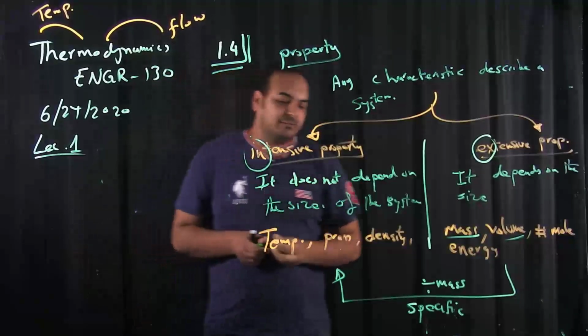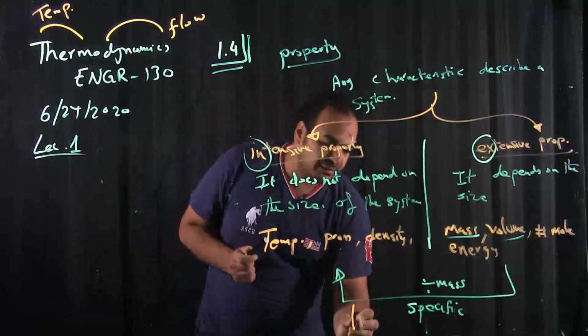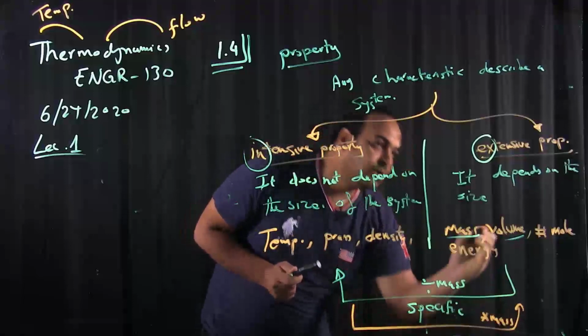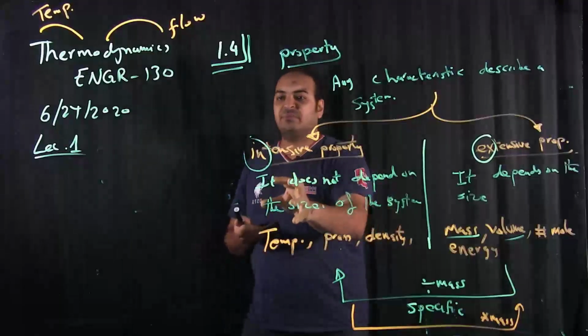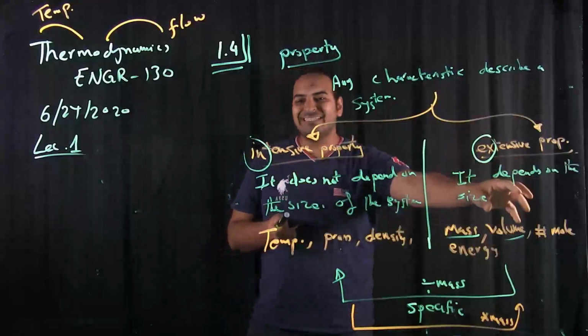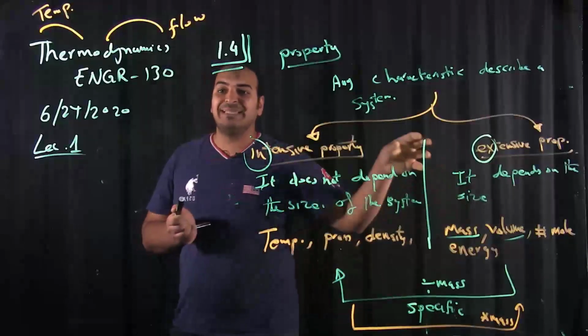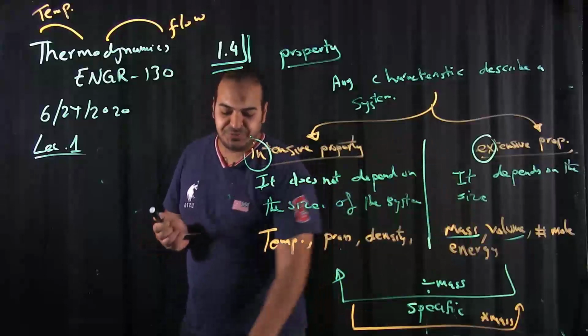We can go back from here to there by multiplying by mass, back to the original value. If you have a specific volume, multiply by mass, and it goes back to an extensive property, volume. If you have a specific energy, multiply by mass, and it goes back to an extensive property, total energy.